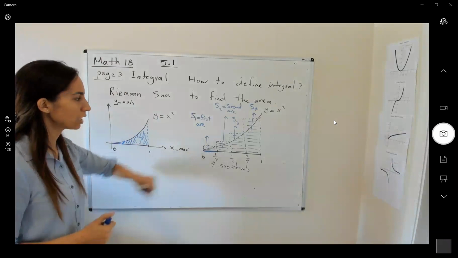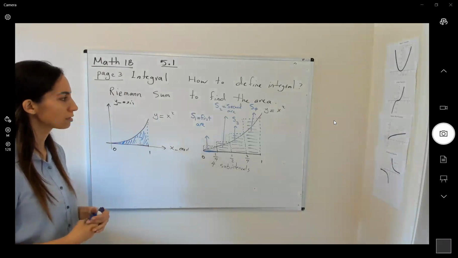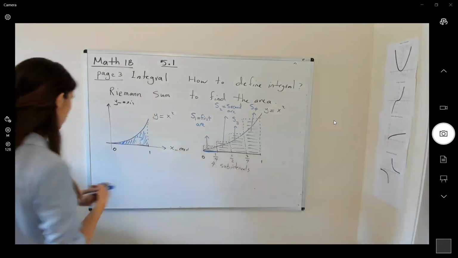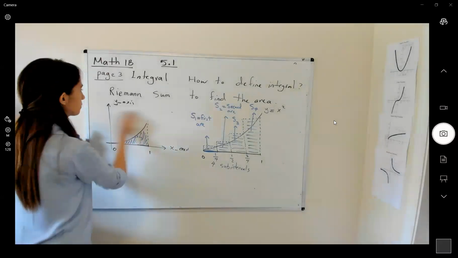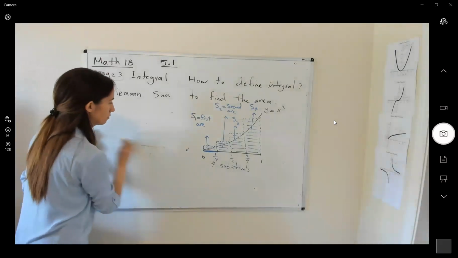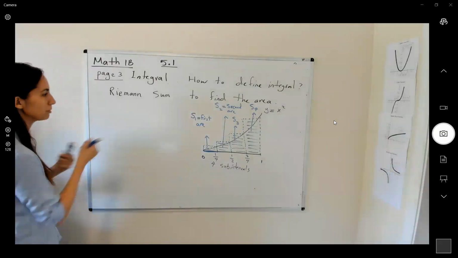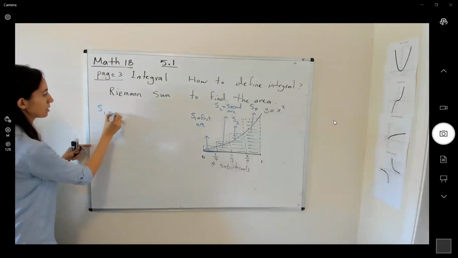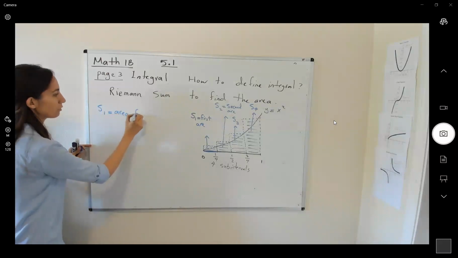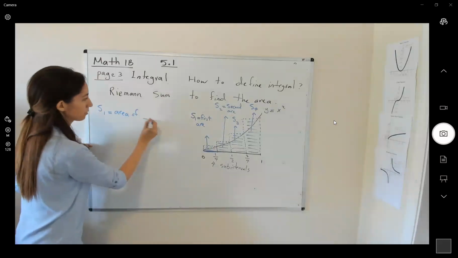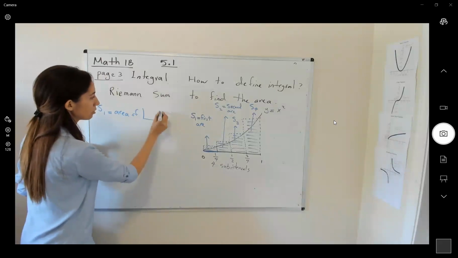So how do you calculate S sub 1? What is S sub 1? S sub 1 is the area of this small rectangle here.